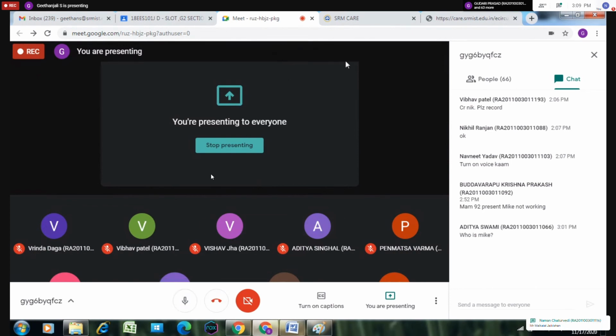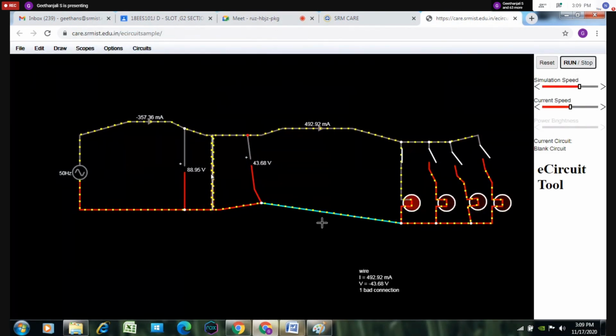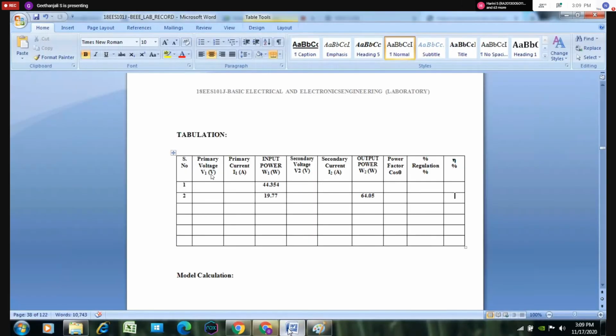So accordingly, you choose the instantaneous value. You do the simulation and choose the value to get the efficiency less than 100. For this instant, the efficiency is coming like 323. Whatever the apparatus, the efficiency should be less than 100.